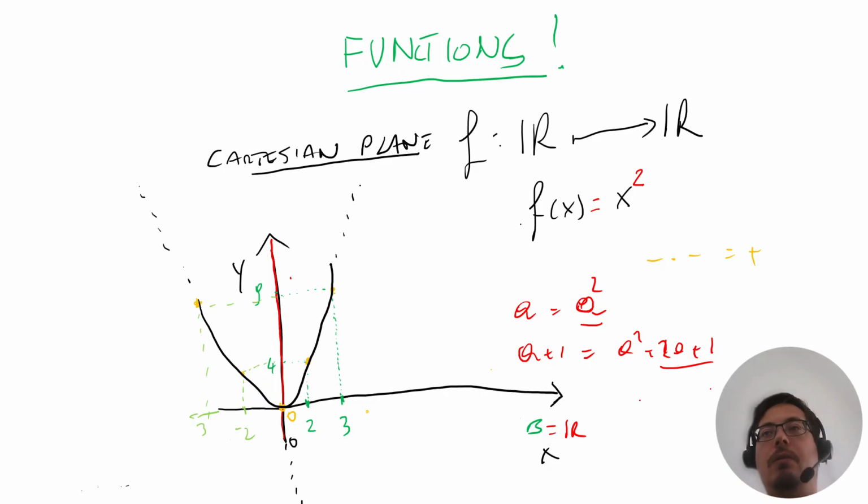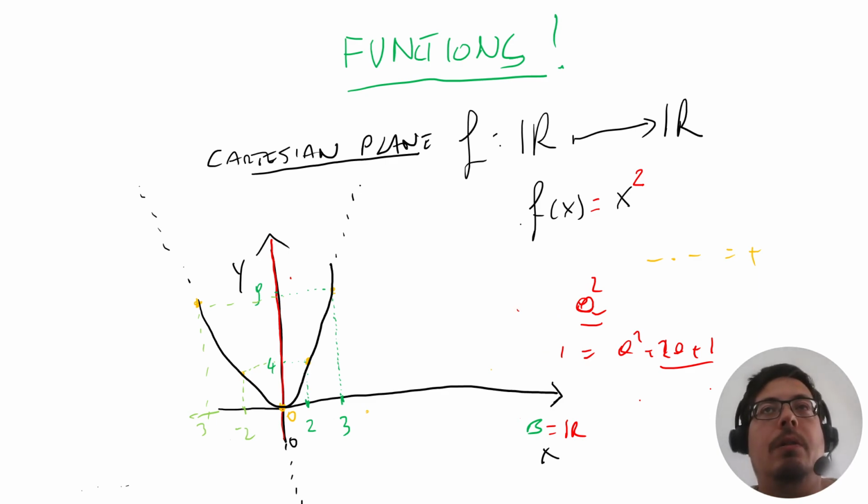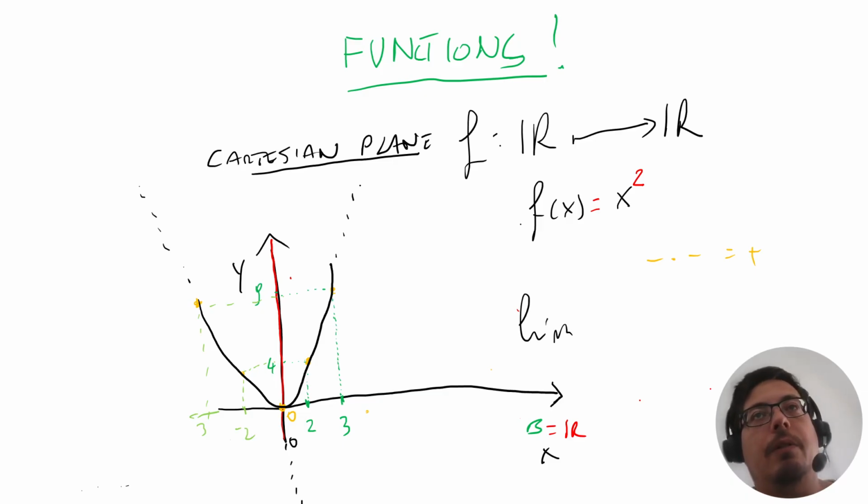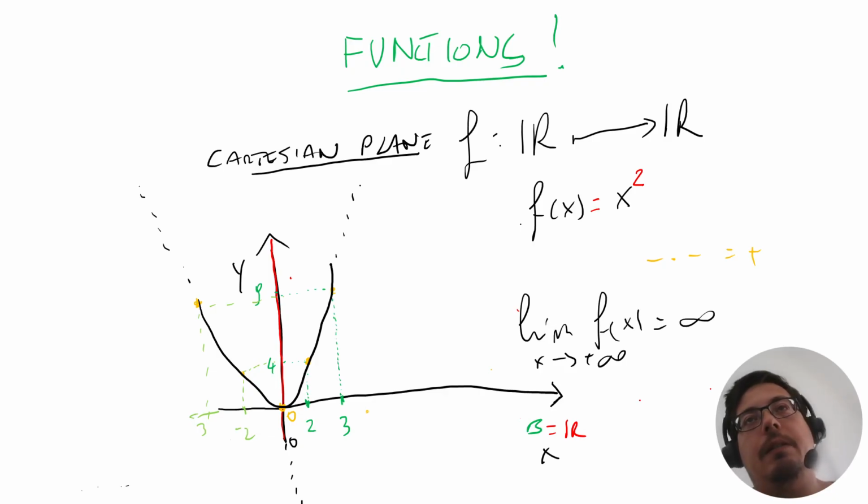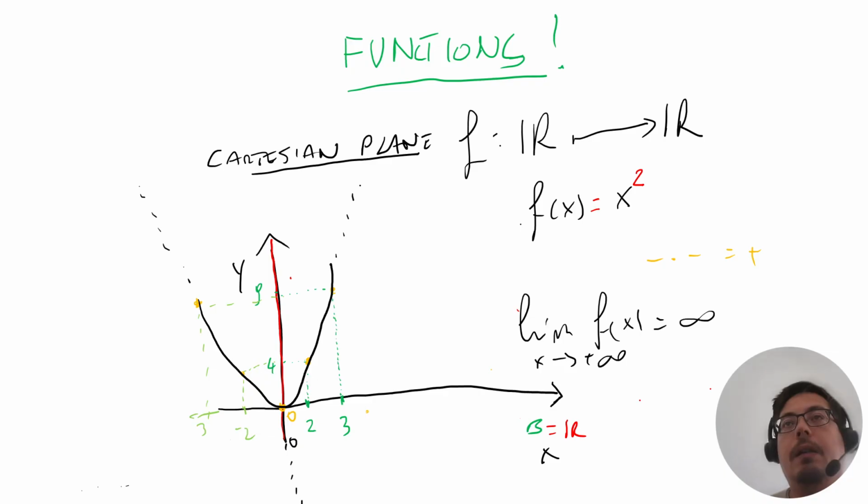So there is no cap to the growth of this function. A way we like to say this is that the limit of the function, for x that tends to infinity, of f is infinity. This is a way to say that it is constantly growing.